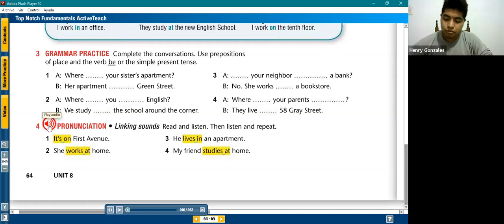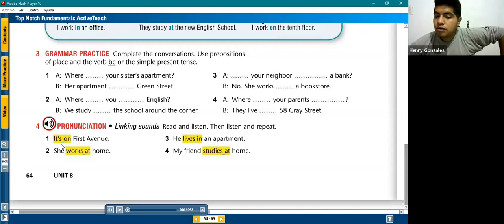Okay, students, nice. So, well, the pronunciation for this class is about the linking words. What is a linking word, students? Well, linking, la unión. Linking sounds, ¿cómo unir sonidos para que obviamente la pronunciación sea un poco más fluida? Well, here, listen to me.